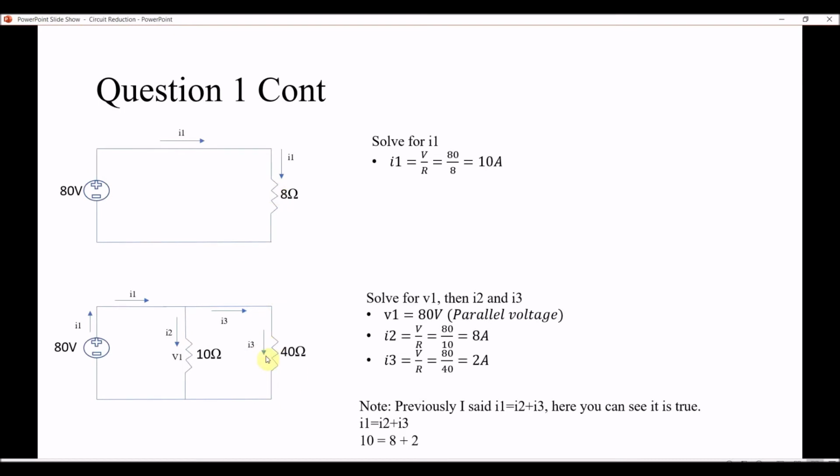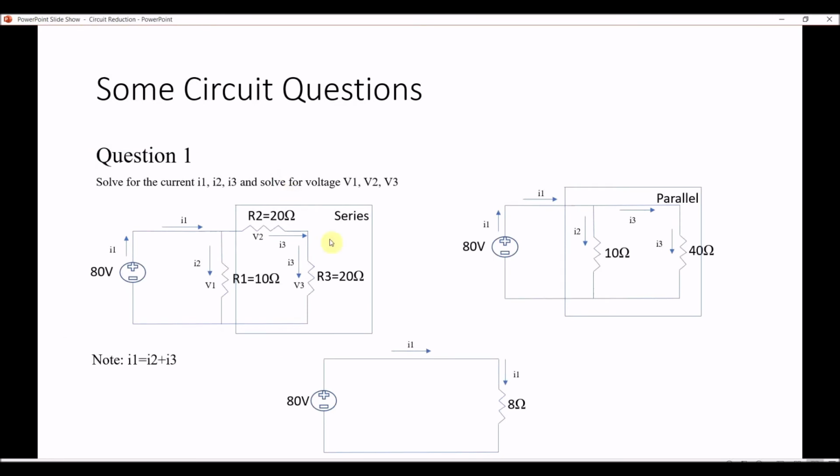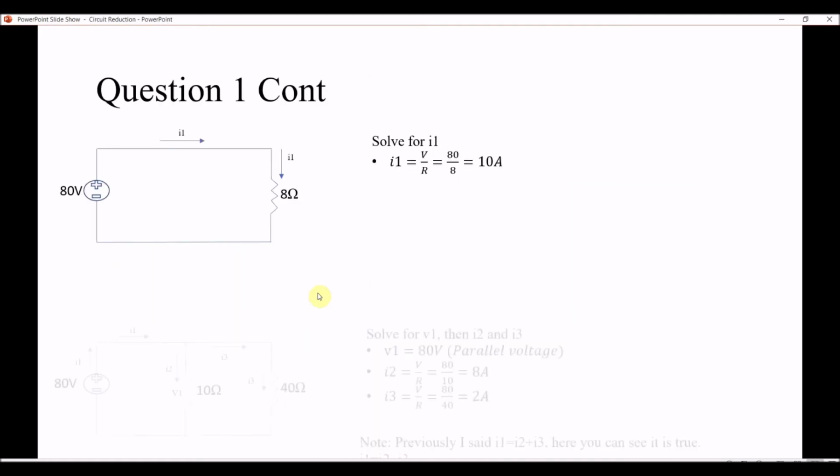This is because, if you remember from the previous circuit, this 40 ohm resistance actually came from two series resistances. That's why I didn't solve for the V here, because we're going to split them into series and then solve them separately instead.